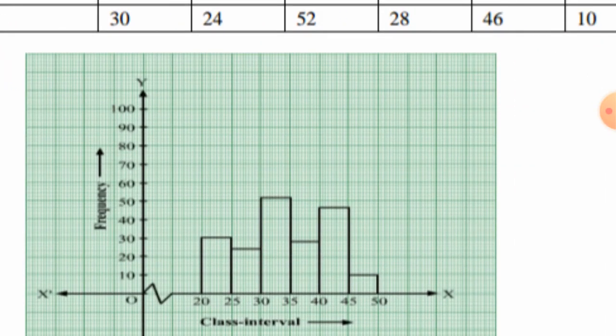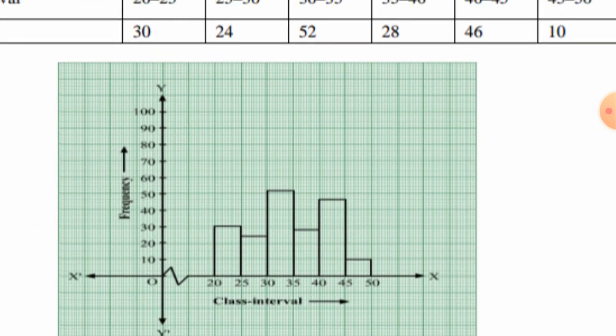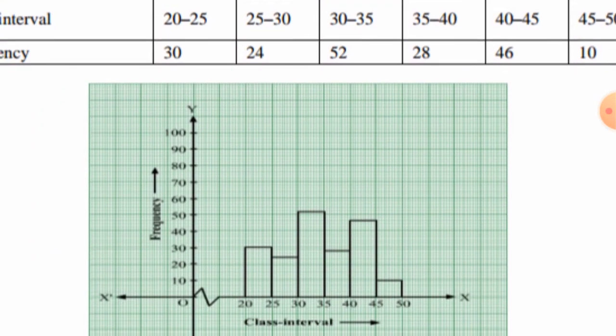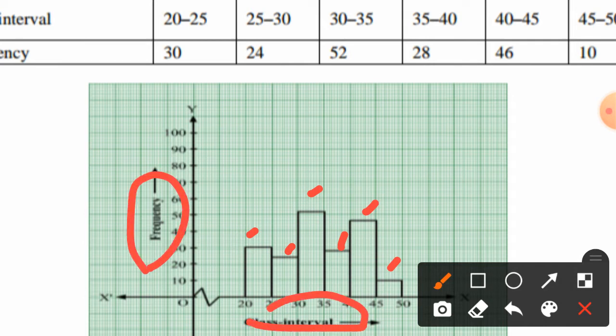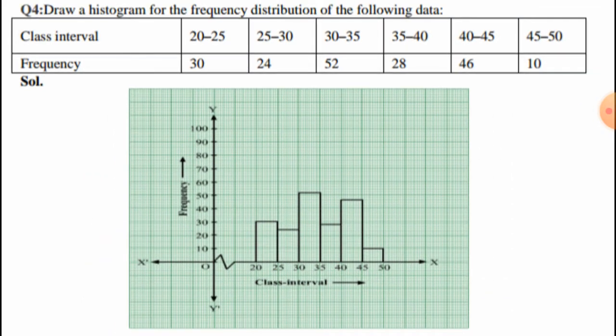In this way we can draw the histogram: 20 to 25 total is 30, 25 to 30 is 24, 30 to 35 is 52, 35 to 40 we have 28, 40 to 45 we have 46, and 45 to 50 we have 10. In this way we can make these bars and represent frequency and class interval. In the same way we have to do the remaining questions also.